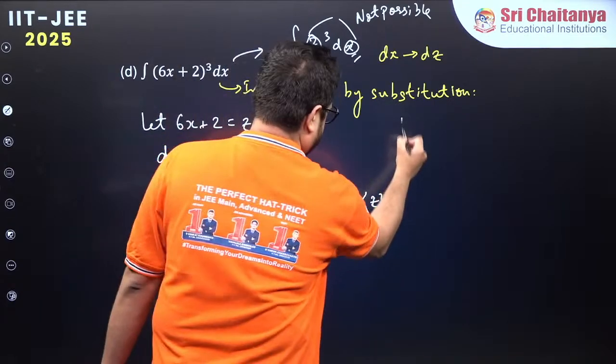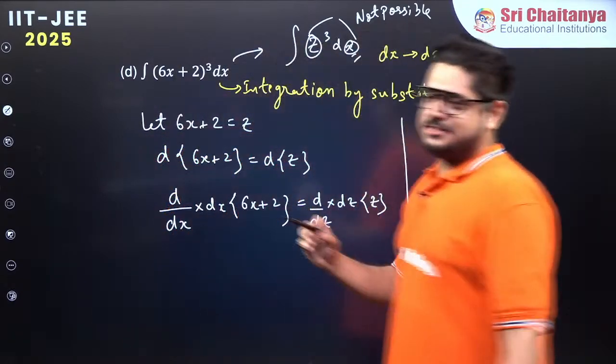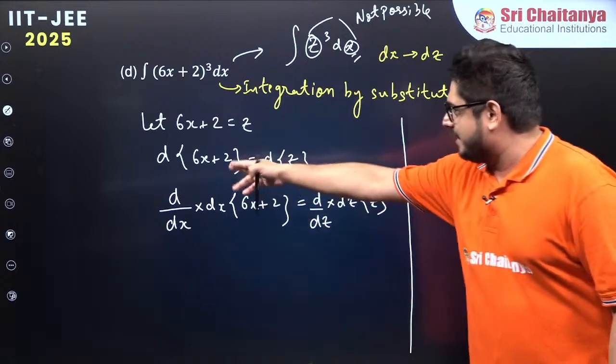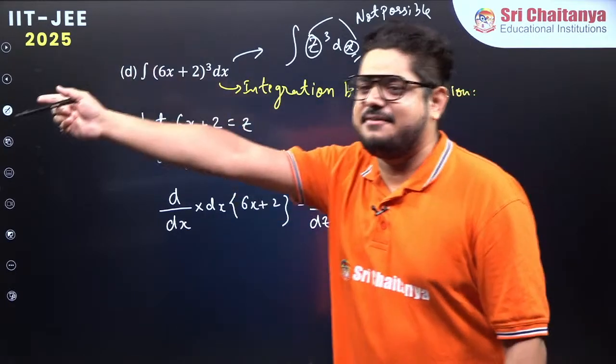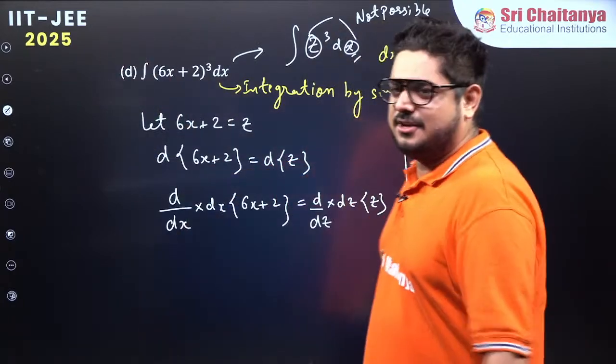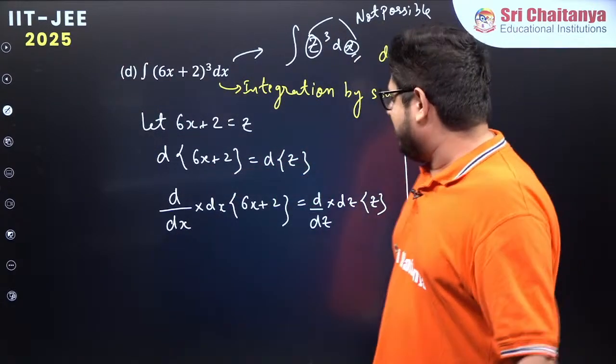Okay, everyone? I hope it's clear. This is how we can write it down. The d to the left has its own significance, the d to the right has its own significance. So now what needs to be done?